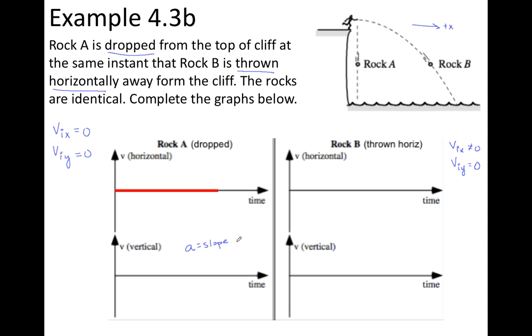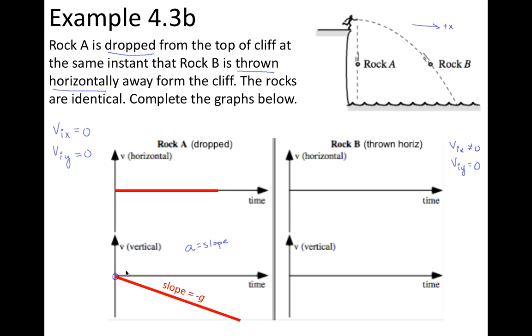There's a slope of negative g because there's an acceleration of negative g in the vertical direction. And our graph should start out from the origin because rock A is starting with zero y velocity. So we should get a graph that looks like this, where the slope is equal to negative g.